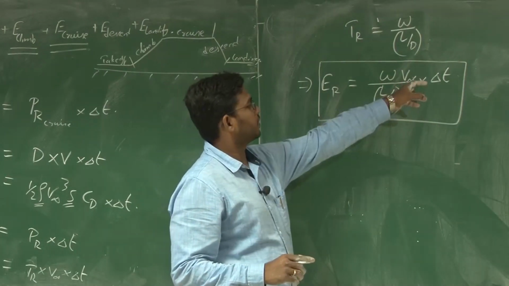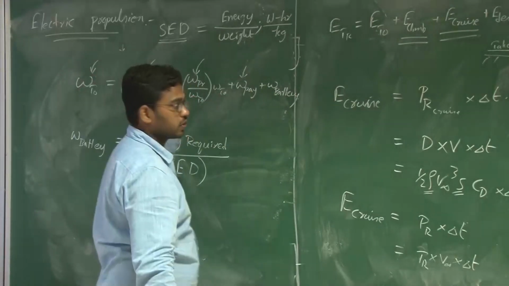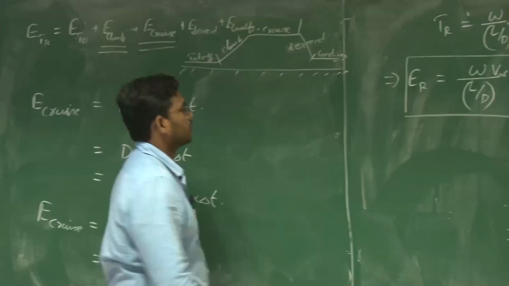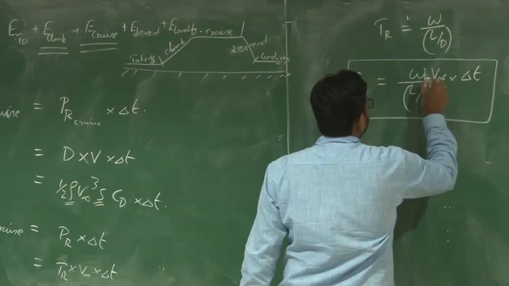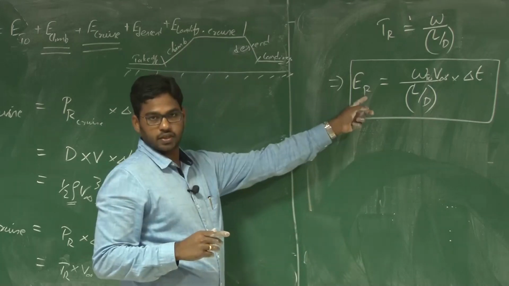V infinity will be given, and you have initially considered some W takeoff, which is the same W here. This is W takeoff into V infinity into delta T. Now you know the energy required here.